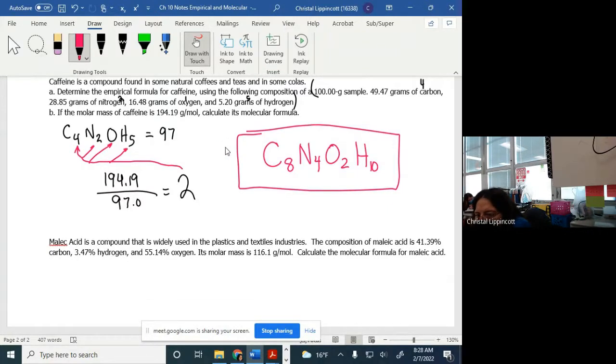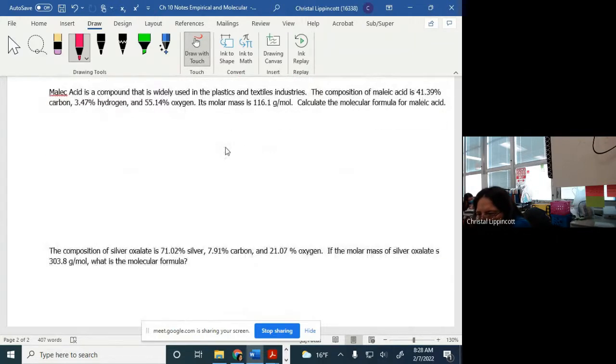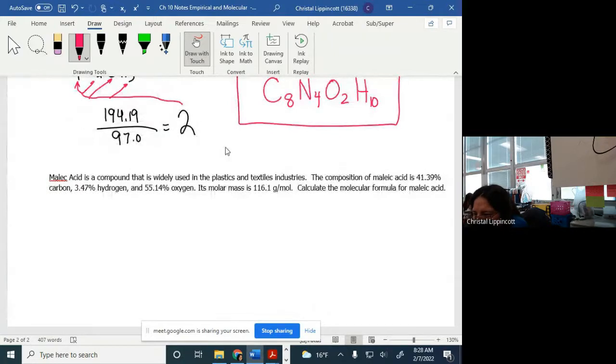All right, let's try one more example, another example here. We've got malic acid. Okay. You're going to find the empirical of the malic acid.